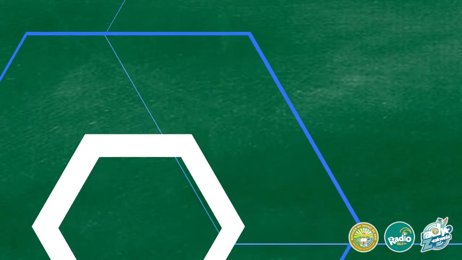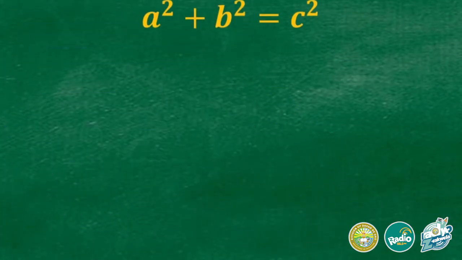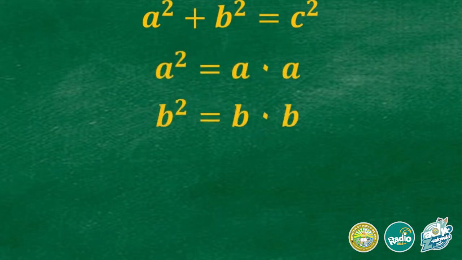Now, let us find out what a squared plus b squared equals c squared really tells us. It means that we take the lengths of the two legs and square them, which means multiplying them by themselves. a squared is a times a, and b squared is b times b.